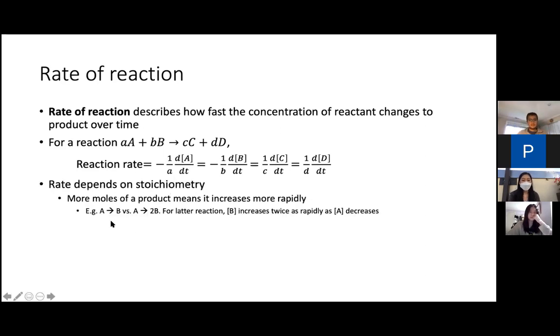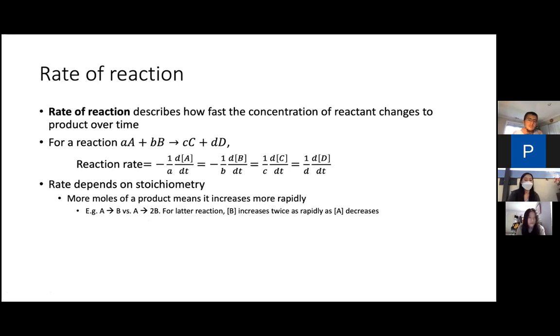So to see this, think about A goes to B versus A goes to 2B. So one molecule of A goes to one molecule of B, versus one molecule of A goes to two molecules of B. And it makes sense that in the second reaction, the concentration of B increases twice as rapidly as in the first reaction.